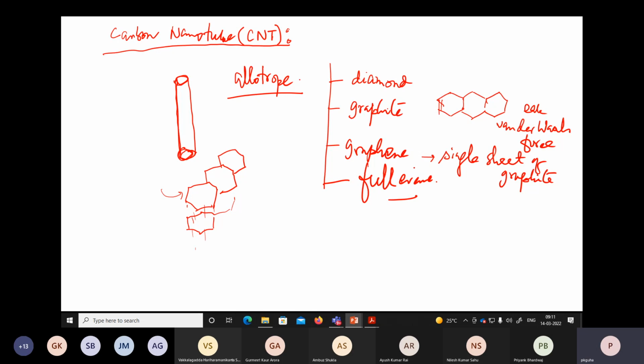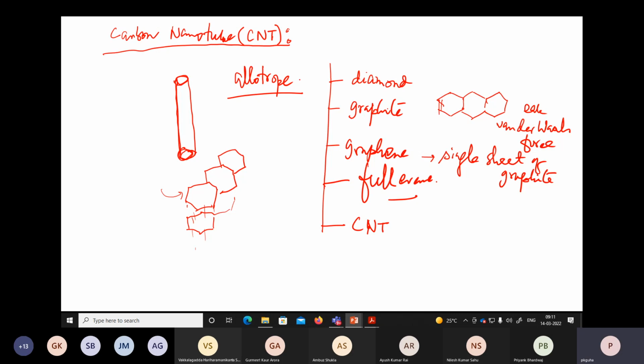Then fullerene is basically carbon atoms bonded together in the form of buckyball kind of structure, a ball kind of structure. Then of course there is CNT, that is carbon nanotube. It's a cylindrical nanostructure.